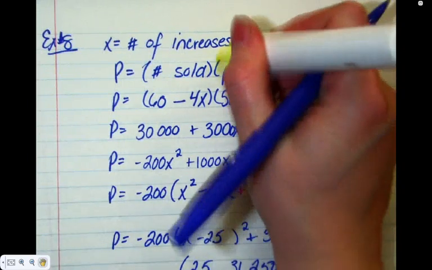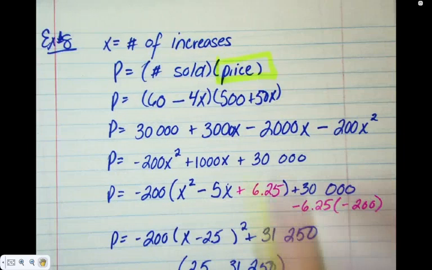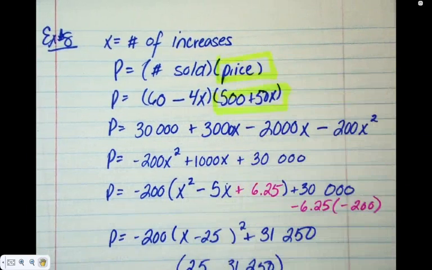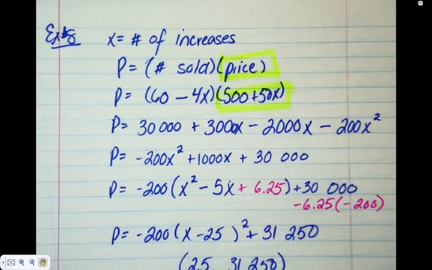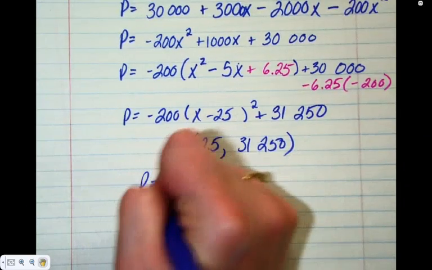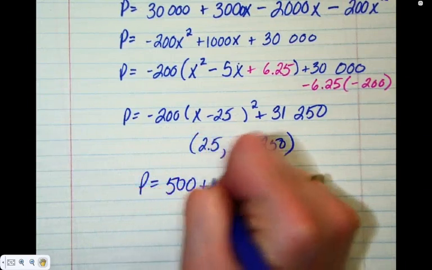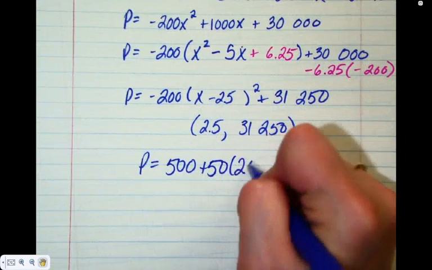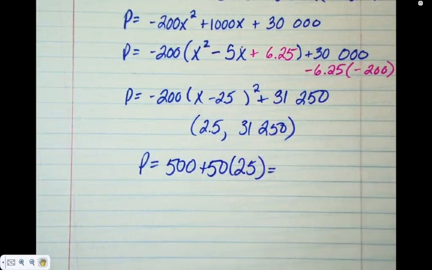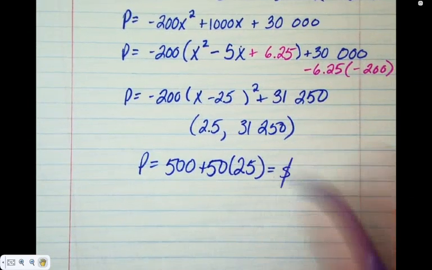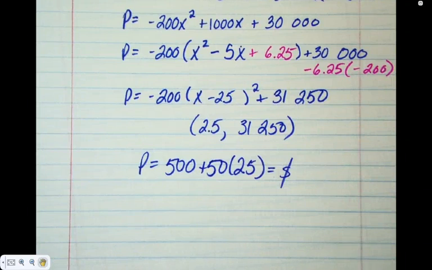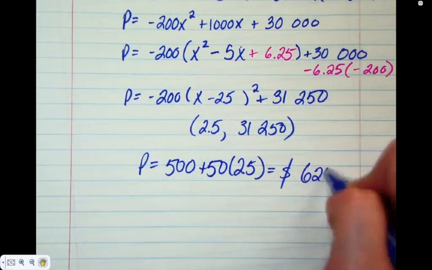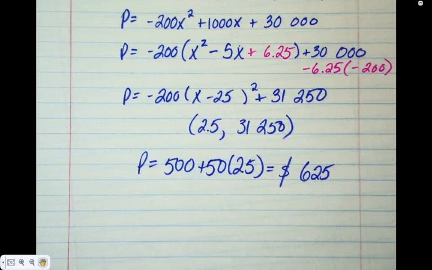Yeah, this is why I like to use the words first, because then it's really obvious which piece is the price. Okay, so price is going to equal 500 plus 50 times x. What's x? 2.5. Offer of 625.